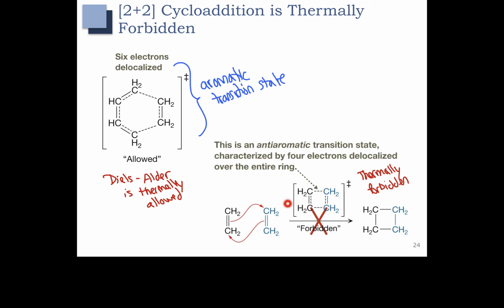For the 2+2 reaction down here, 2+2 meaning 2 electrons and 2 electrons, the transition state is anti-aromatic because it involves an even number of electron pairs, 2 pairs or 4 electrons, and that reaction cannot proceed thermally.